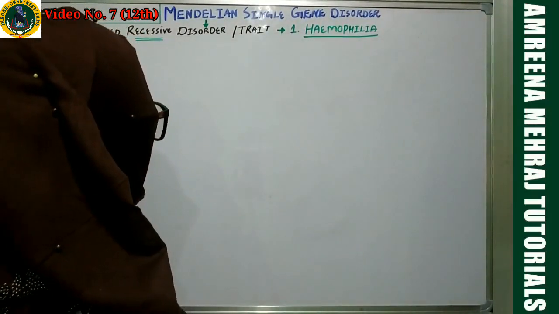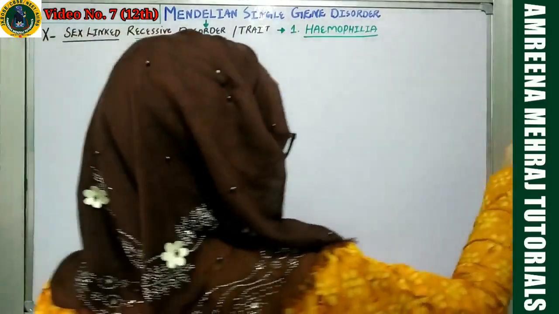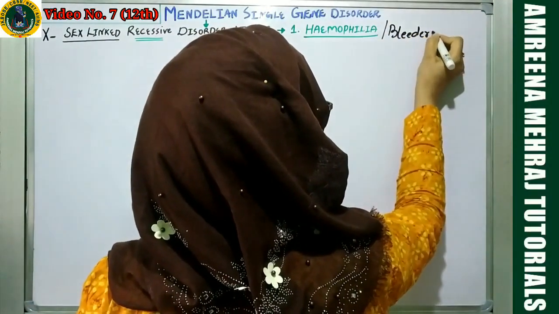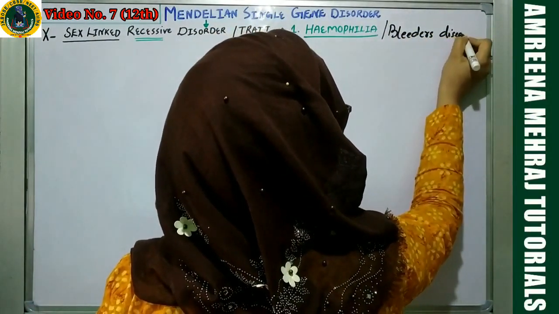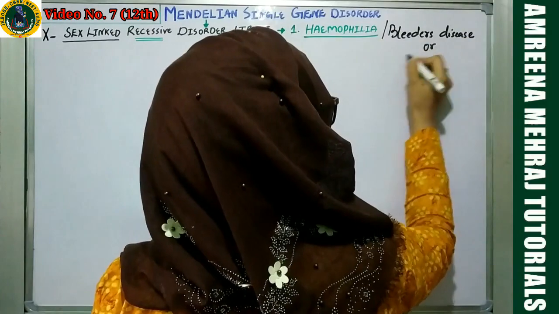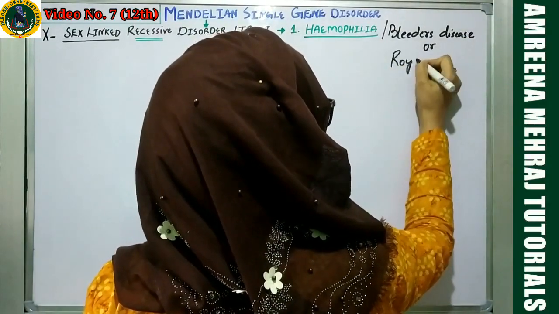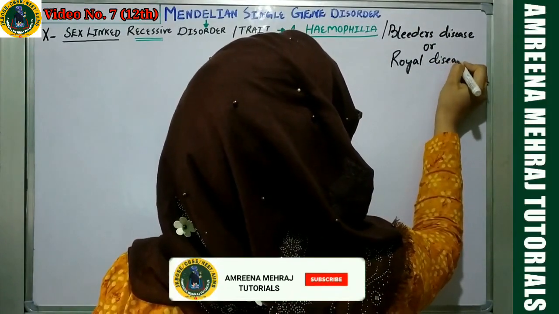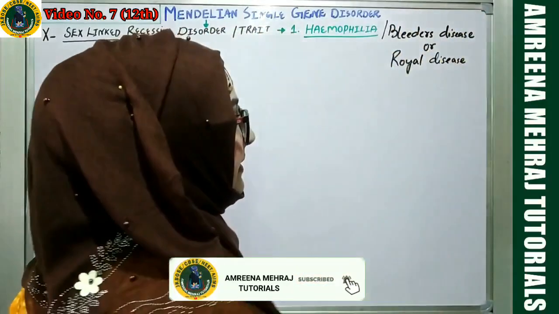So hemophilia, my dear students, is otherwise also called bleeder's disease, and it's also called royal disease. There is a lot hidden in these alternative names.